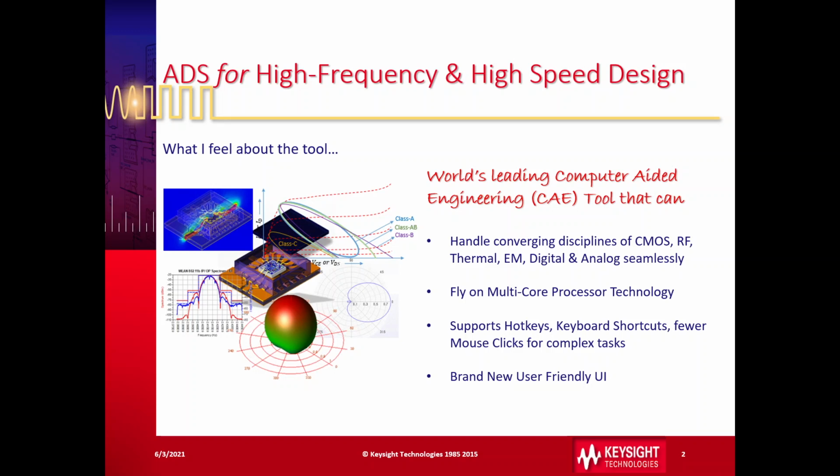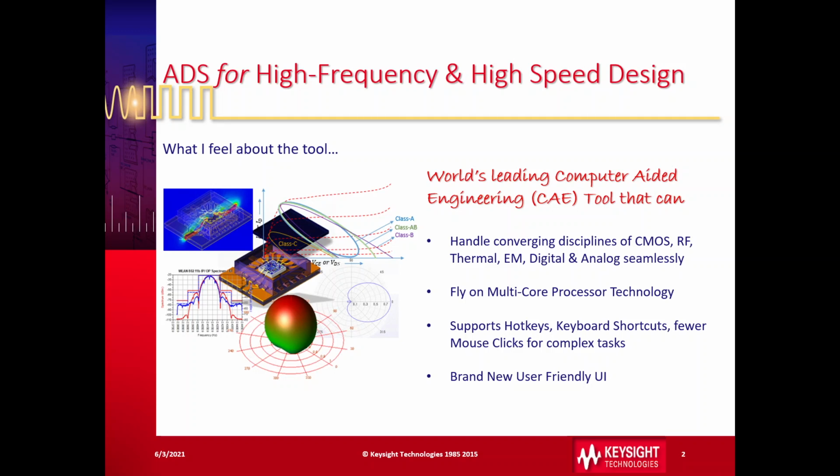This tool can be used for a number of disciplines. It can be used for CMOS design, RF design, thermal analysis and design, electromagnetic simulation, analog circuit design, and digital circuit design.